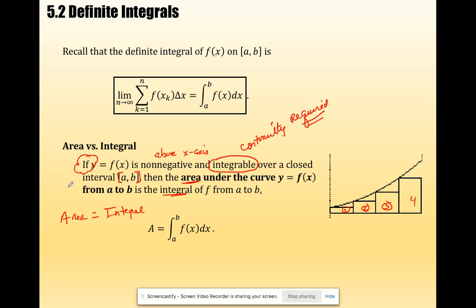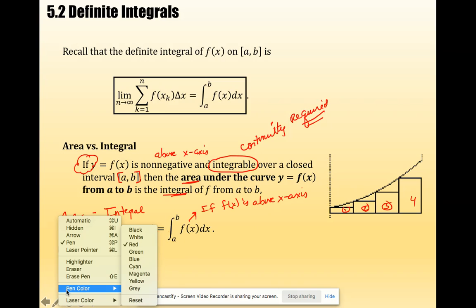Area is the integral if your function's above the x-axis. And I want you to think about why this is.